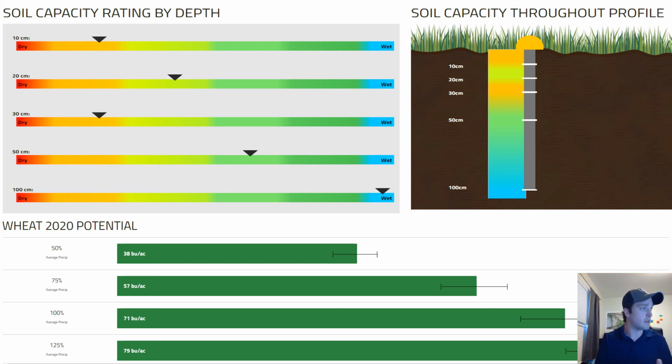If you got 100% of average precipitation, we're starting that year off with quite a bit of moisture, judging by what that probe measured in the fall. If you get 100% of your average rainfall, there seems to be enough moisture here for 71 bushels an acre. So there are definitely some fall planning applications there as well.